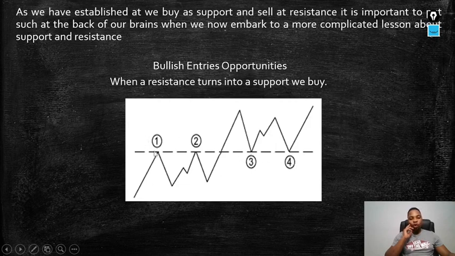And we all know that when we are at the resistance level, we're only looking for selling opportunities. However, now we've seen that the same resistance level turned into a support. Now there are new opportunities that have been created. Opportunities for bulls have been opened, because the same resistance turned into a support, and we all know that on a support level we buy.